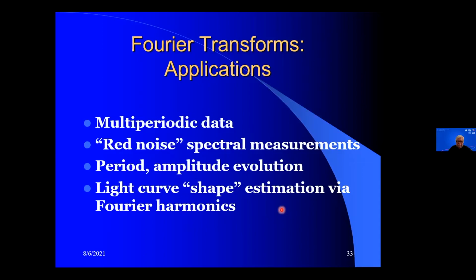And a light curve shape can be estimated via Fourier harmonics, because Fourier transform is based on a linear combination of geometric functions like sine and cosine. So any variation in the light curve shape can be approximated with the Fourier transform with harmonics.